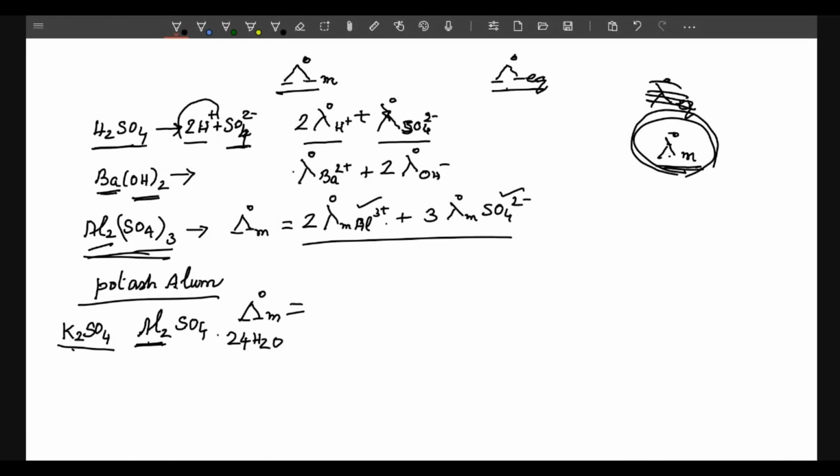Ferric alum means potassium sulfate and ferric sulfate, with 24 water molecules. Ferrous ammonium sulfate, you know this: ferrous sulfate and ammonium sulfate.